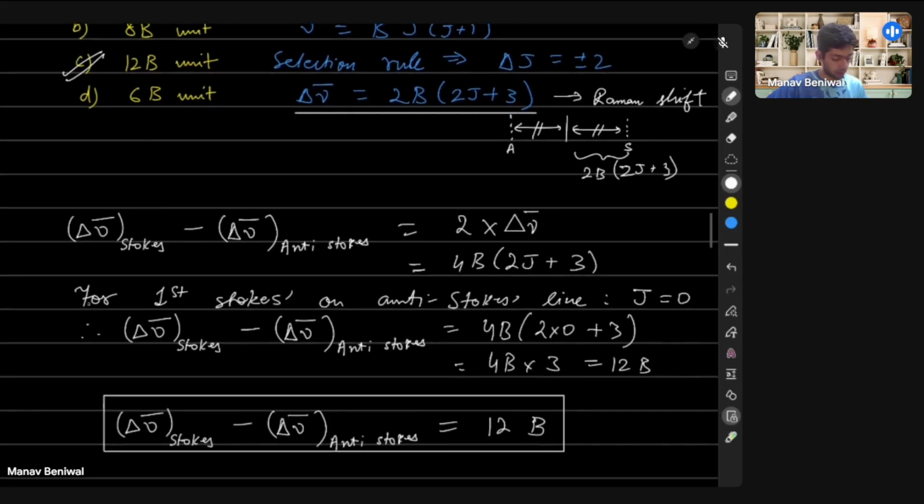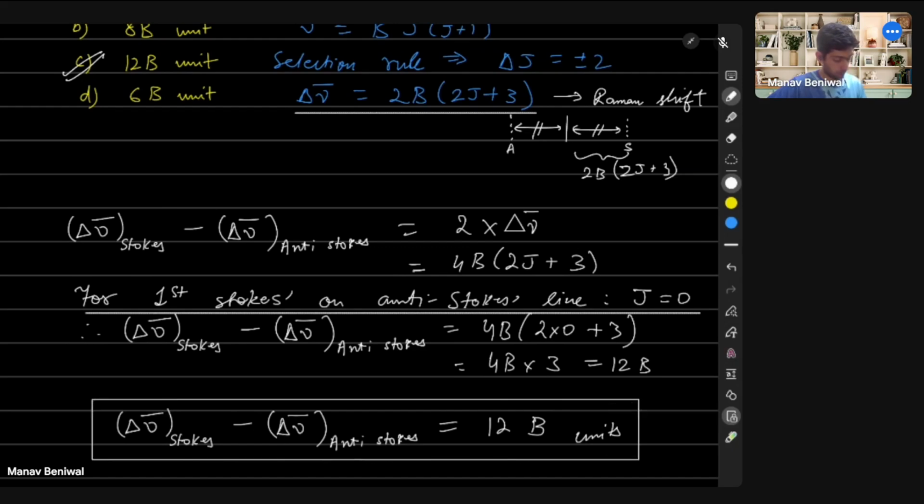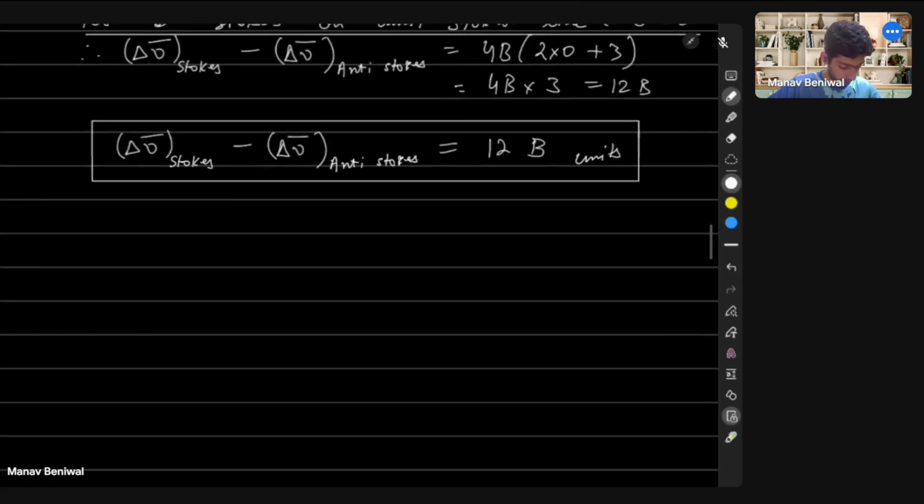The other thing is that we plug in J equals 0 for the first Stokes or anti-Stokes line. Doing this gives us the difference in terms of wave number to be 12b units. Maybe we should put units here. Okay, so this was question number 6.